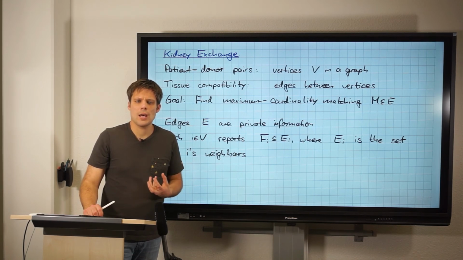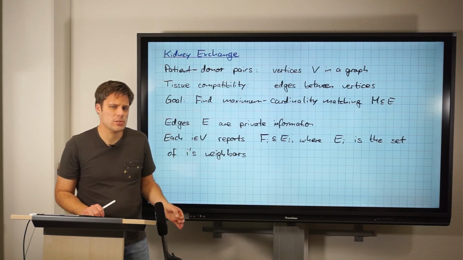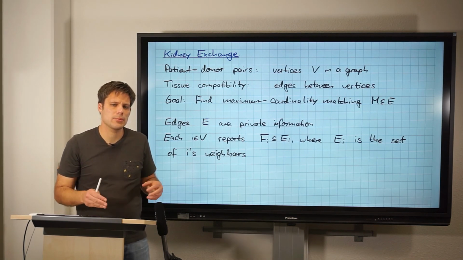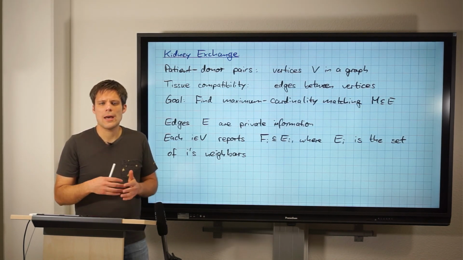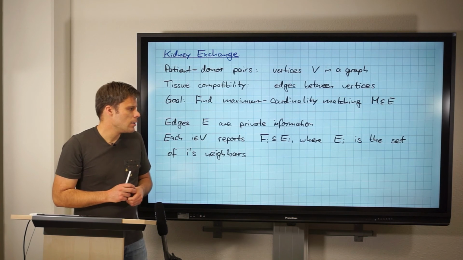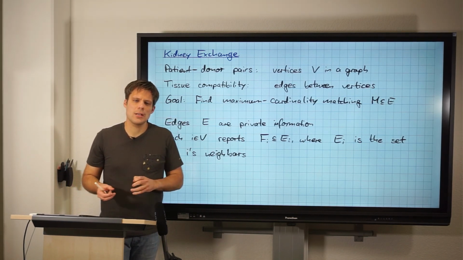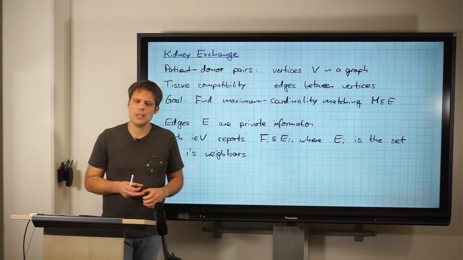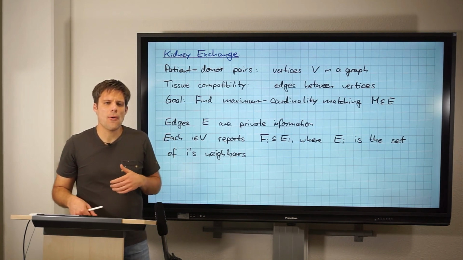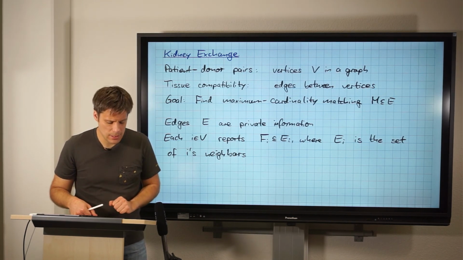I have a very complicated tissue, I have only few relatives, or I have only one relative with a very special tissue type who can donate, and I don't have multiple relatives who will have many different ways of being matched with different tissues. So this is why you want to design a mechanism such that every agent wants to actually report all of their compatibilities. They don't want to just report a subset.